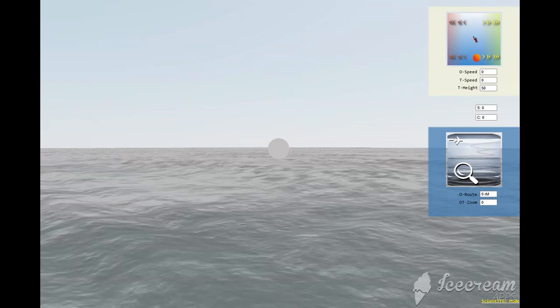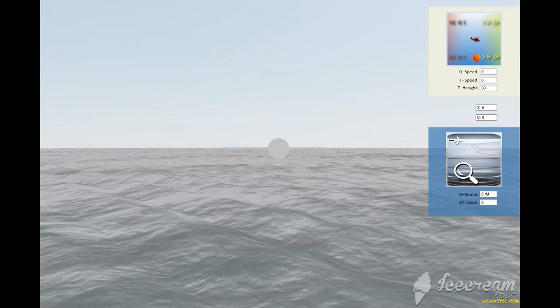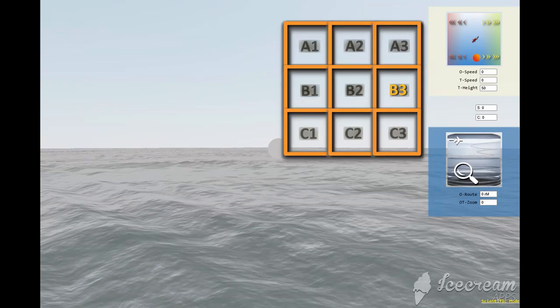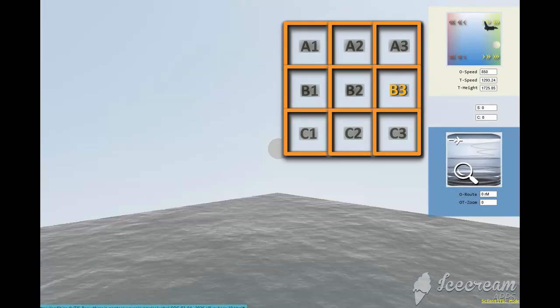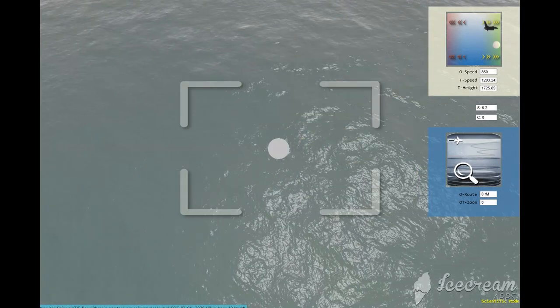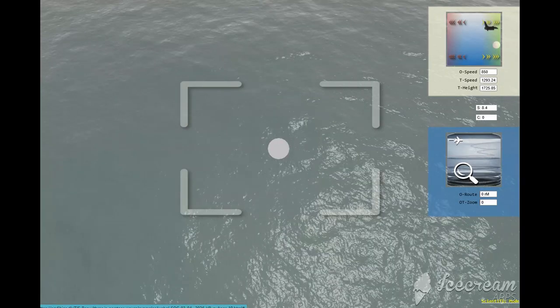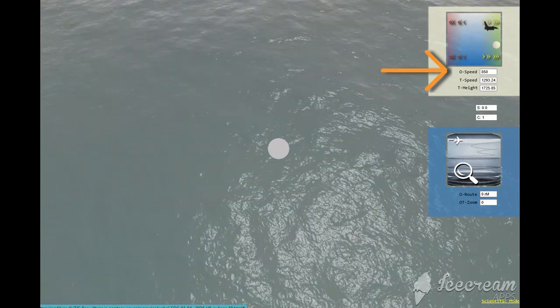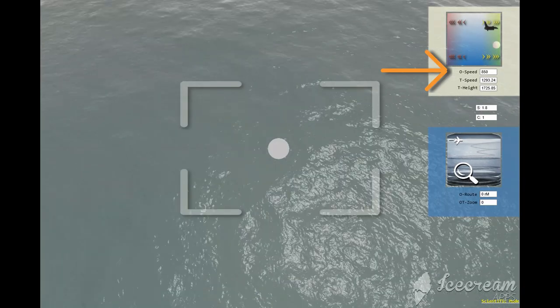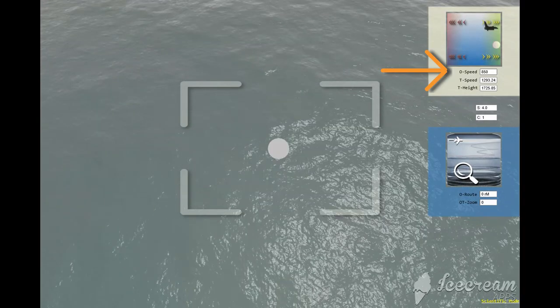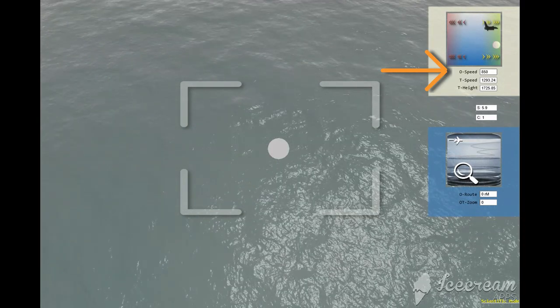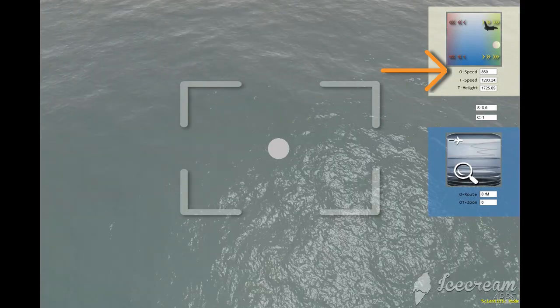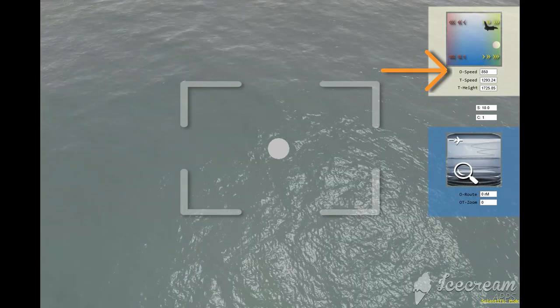Alright, let's move forward, and we are now looking at the B3 area. Here the observer speed, the jet plane, is moving at a rate of 850 kilometers an hour. The target speed is actually quite a bit more than that, around 1300 kilometers an hour.